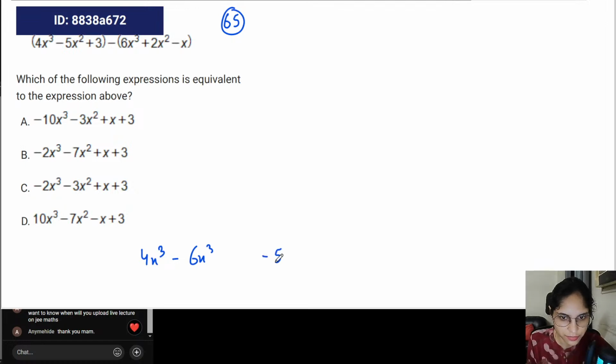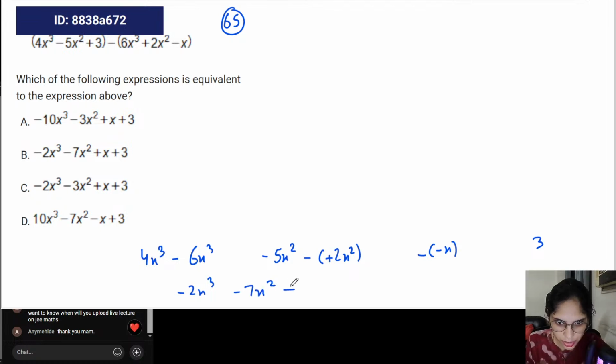Then you have negative 5x squared minus plus 2x squared. And there is no x term over here, so you just have negative x. And you just have plus 3 because there's nothing over there. So negative 2x cube. Negative 5 minus 2 is negative 7x squared plus x plus 3.